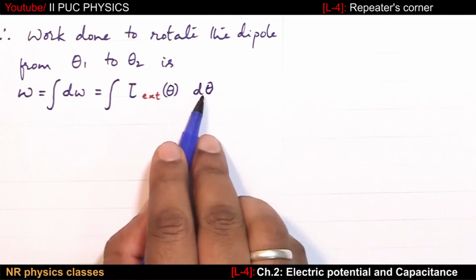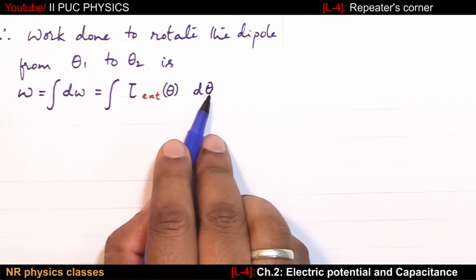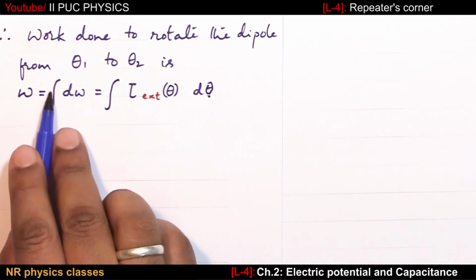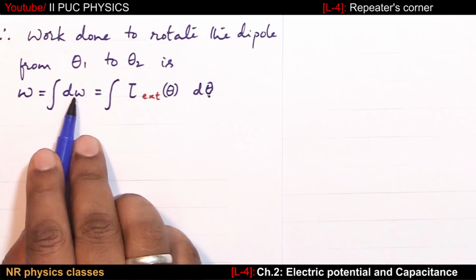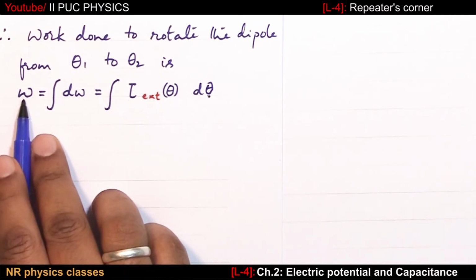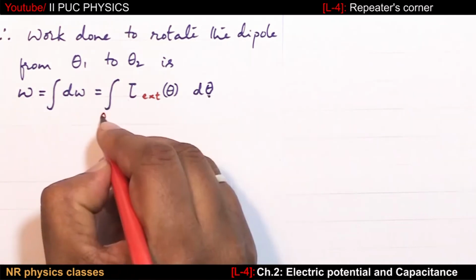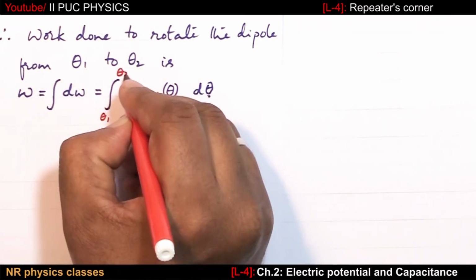So torque into angular displacement is work done. So integration of small work is total work done. So limits are from theta 1 to theta 2.